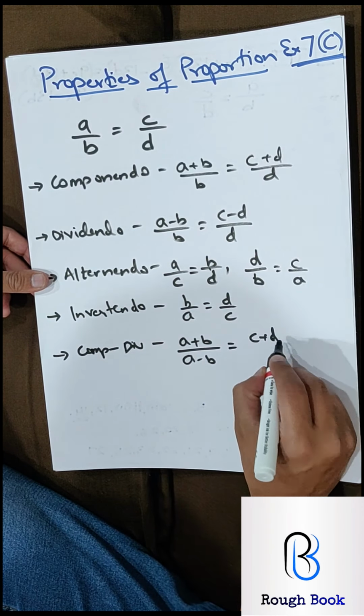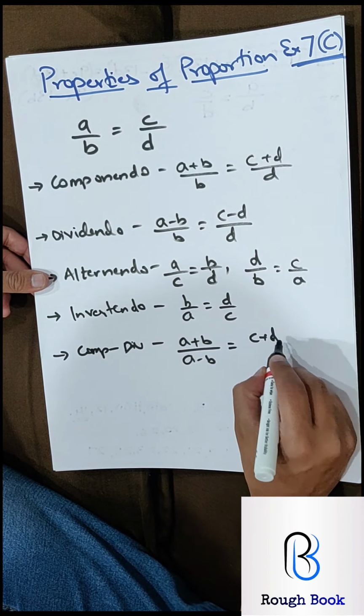So I'm starting from a upon b, c upon d. First, I need the coefficients. So I'll say 3a upon 5b, 3c upon 5d. Then I will say the operation. So by this time I need minus on top. So my common sense will tell me that I need to do dividendo componendo.